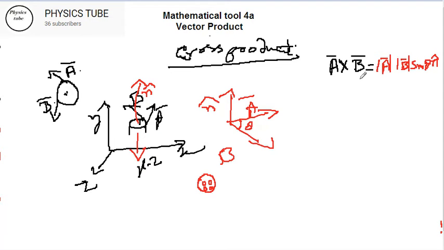Manually they are doing it, so the magnitude of A and B is very small in this case. So sine theta has to be a little bit higher so that you get a result, but higher means how much? Sine 90 is equal to 1, sine 0 is equal to 0. So A and B cannot be 0 because that will result in 0. So the magnitudes of A and B and the angle between them will dictate the total value of the result.